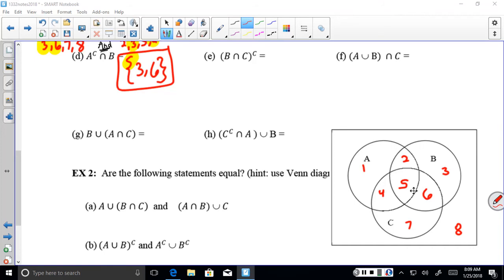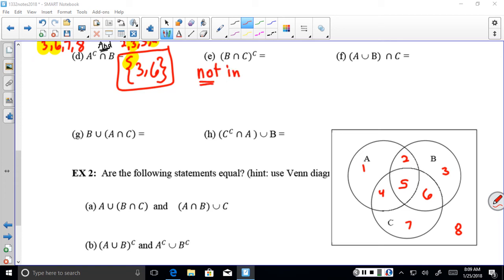Okay, so I moved a copy of our Venn diagram down here so we can see it better. The next one says B intersects C complement. What that means is it's not in the intersection of B and C. Since it's only 2 sets, let's think this out.